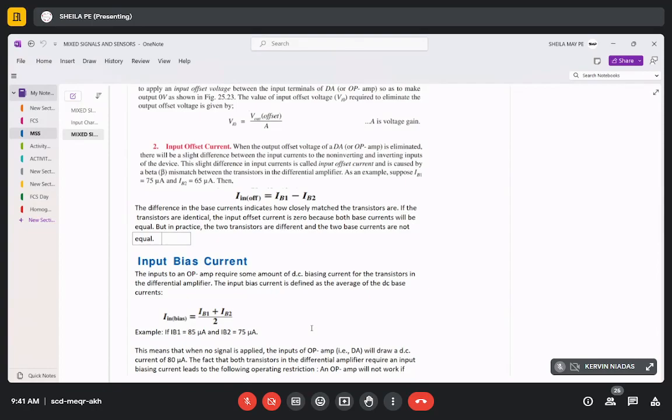So we're just merely getting the average. For example, we have IB1 which is 85 microamperes and 75 microamperes for our IB2. So it should be 85 plus 75 divided by 2.